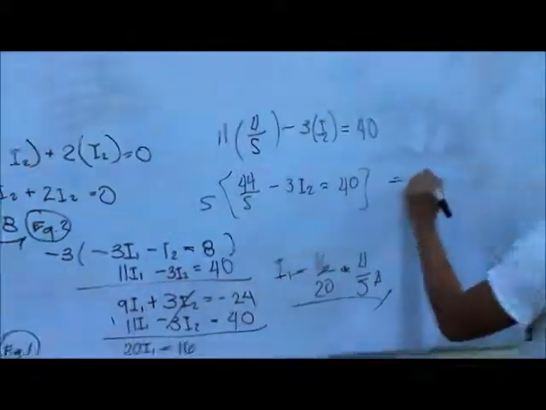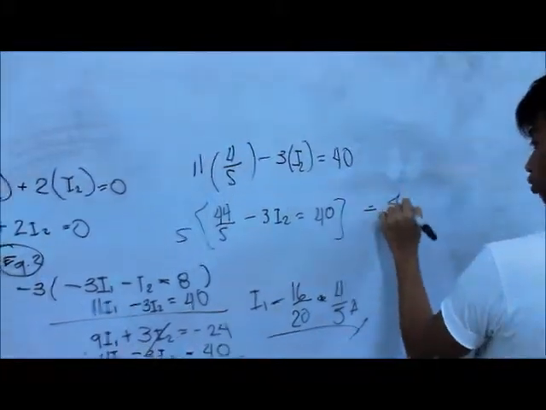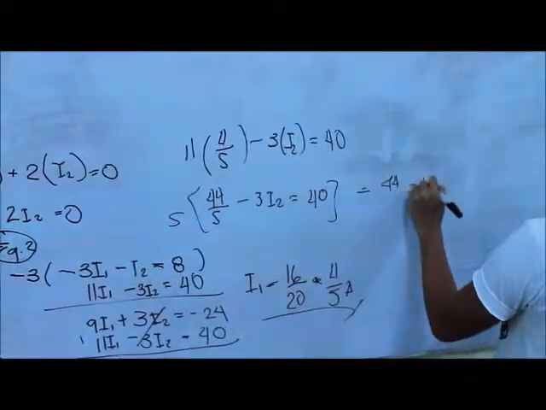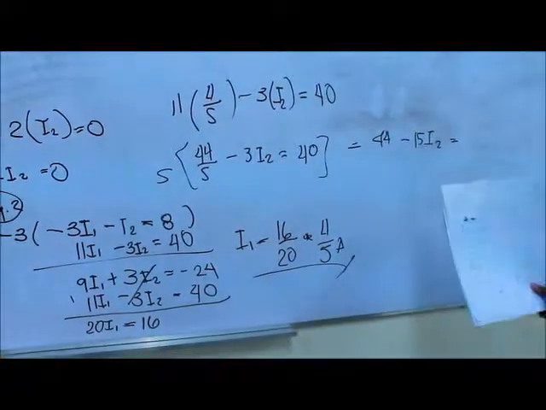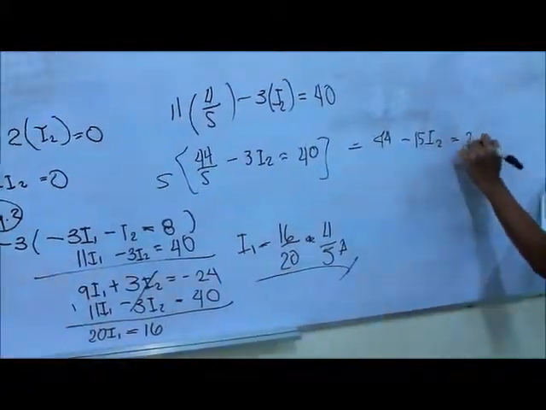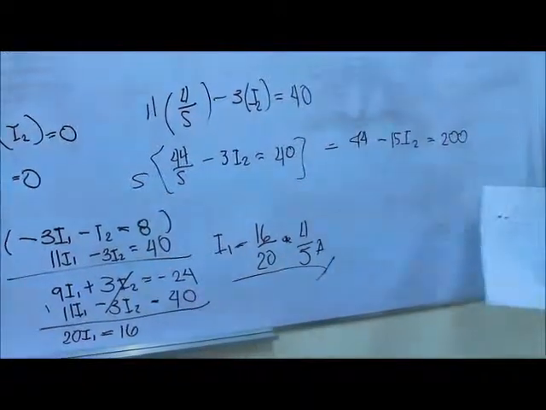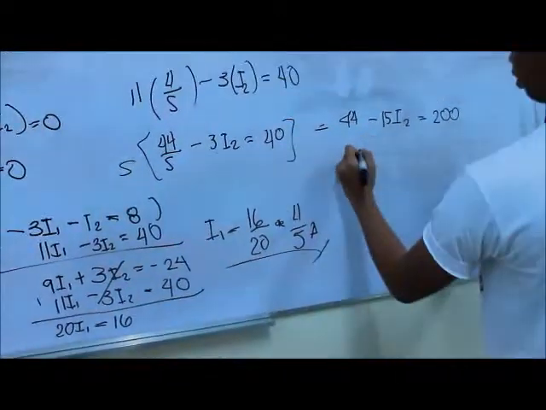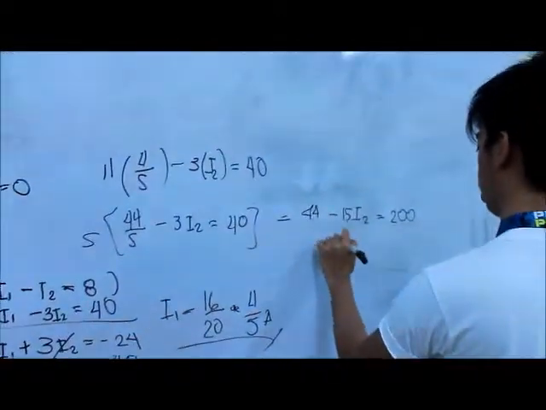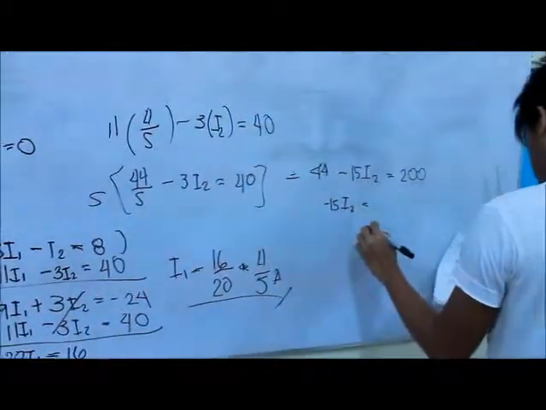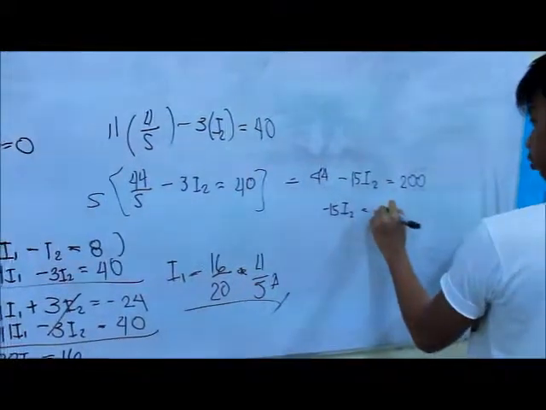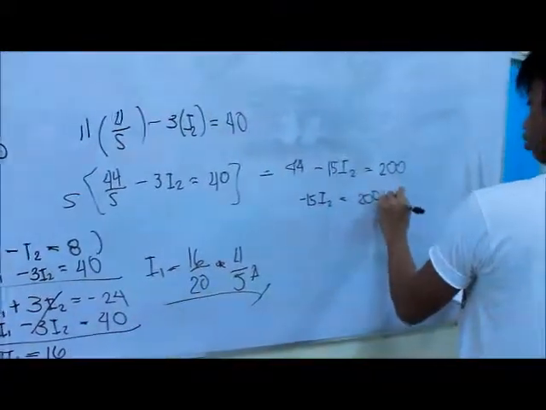So, 44 minus 15 I2 equal to 200. Then negative 15 I2 is equal to 200 minus 44.